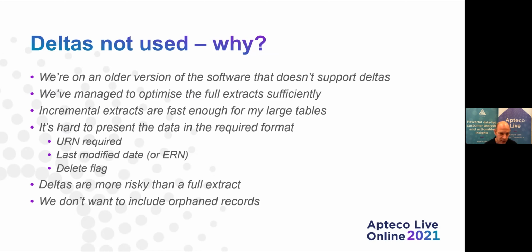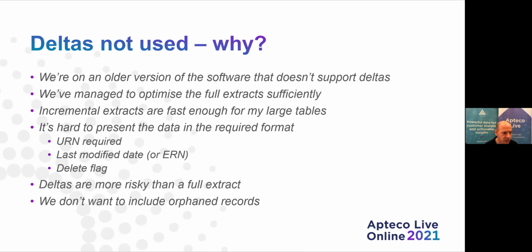Other reasons will be that a lot of people have spent a lot of time optimizing the full extracts. And if the extracts are taking place within the time window that they require, then there's no real reason why they should move to using deltas unless they've got pressure to rebuild their systems more quickly.